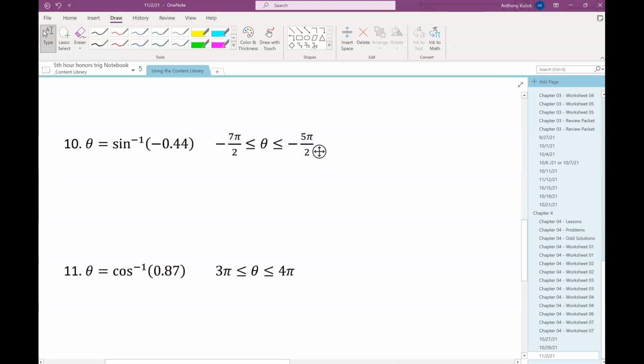Okie dokie. So I'm going to start by drawing my picture. So 0, negative pi over 2, negative pi, negative 3 pi over 2, negative 2 pi, negative 5 pi over 2, negative 3 pi, and then negative 7 pi over 2.